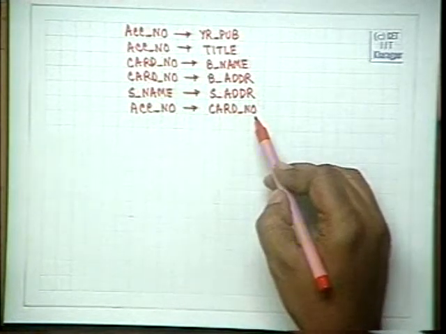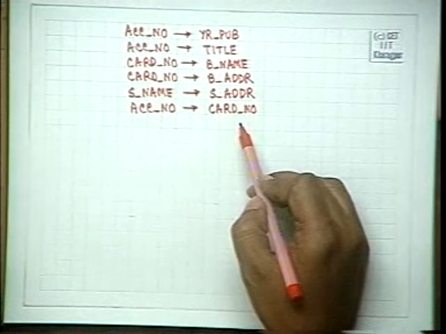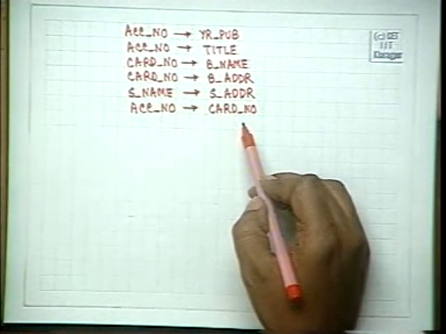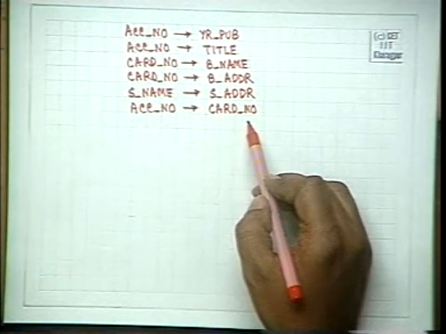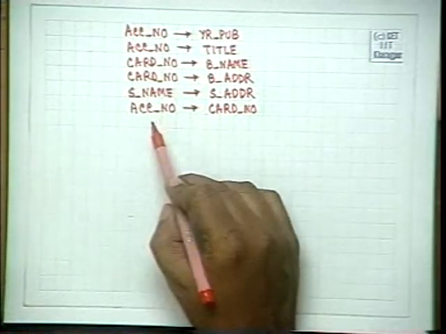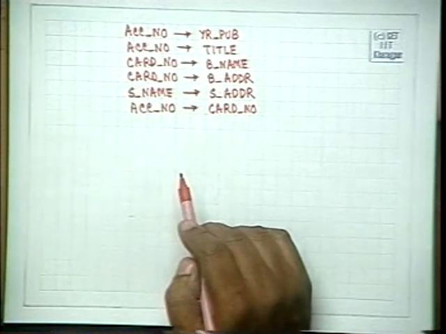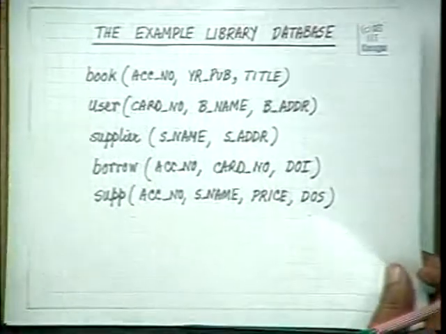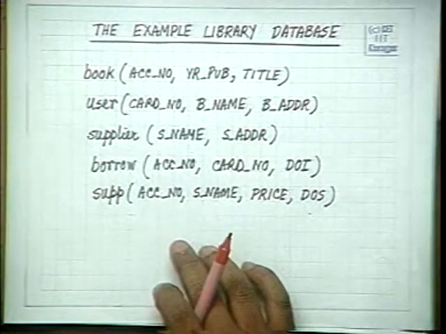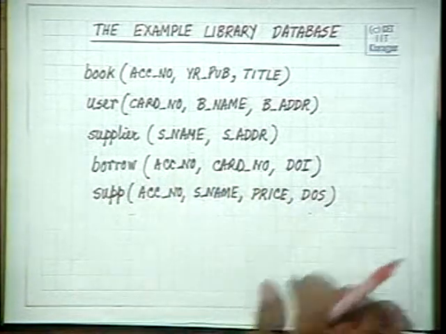This comes from the constraint that a particular book can be issued by only one person. This was the constraint which came from the cardinality constraint in our ER diagram in the borrow relation. Otherwise, if we allowed a book to be issued to two people, then accession number alone could not have been the primary key here.